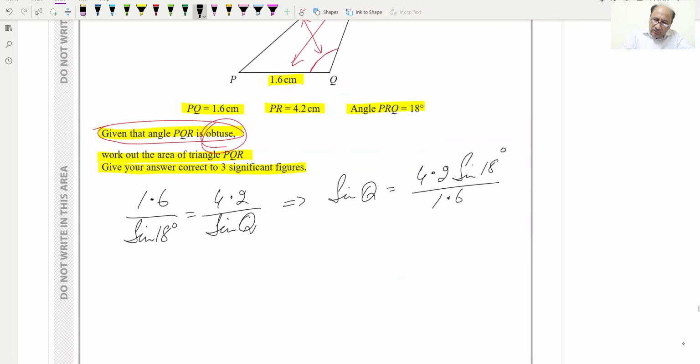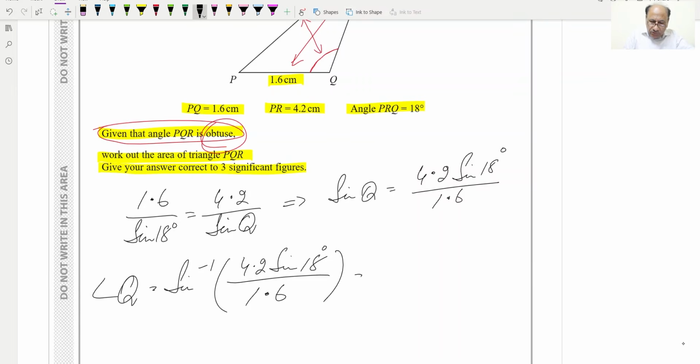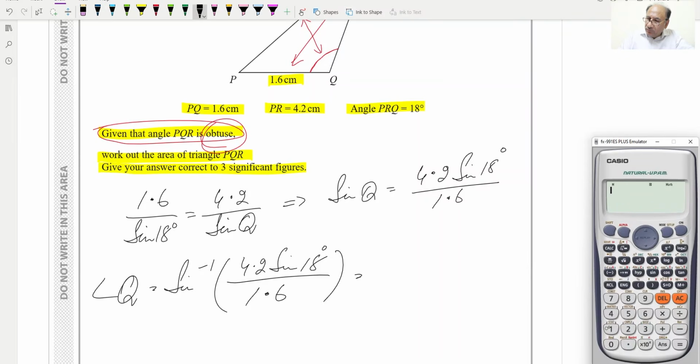So angle q will be equal to sine inverse of 4.2 sine 18 degrees divided by 1.6. Your calculator should be in degree mode for this function. So sine inverse, and this will be 4.2 sine of 18 divided by 1.6, and bracket closed, and this is equal to 54.2.